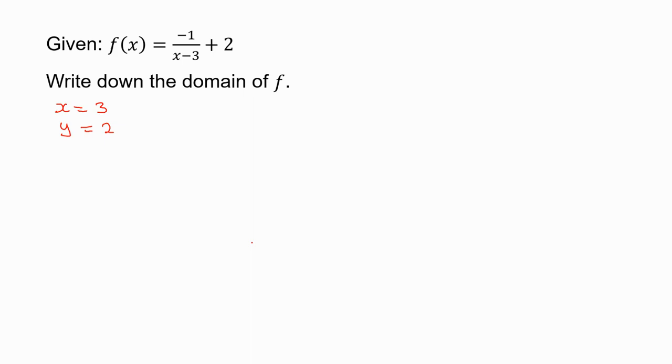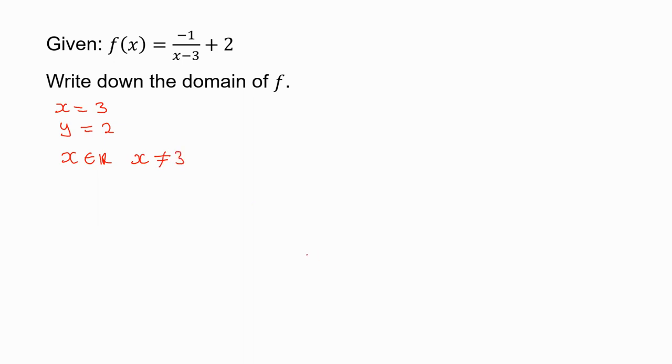The graph will approach the asymptotes but will never touch or intersect them. So for the domain, which are the x values, you can say x an element of real numbers, but x cannot be equal to 3, so x is not equal to 3.